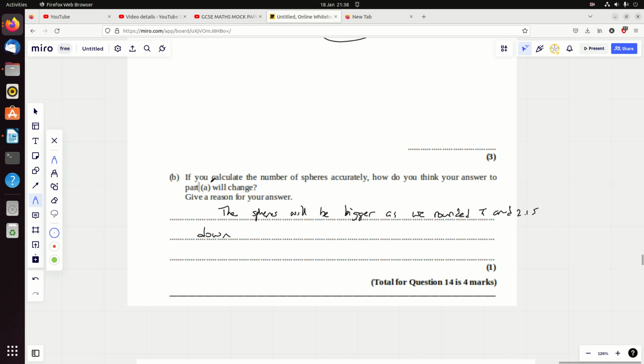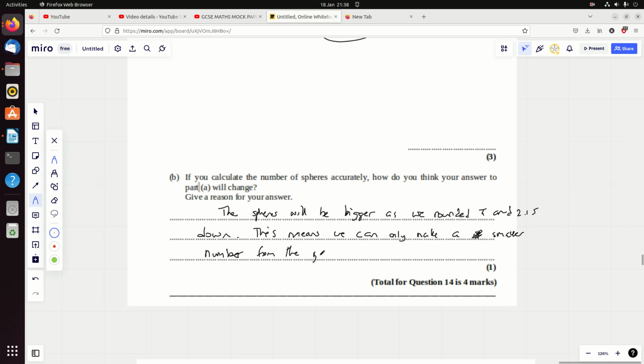And bigger spheres means if you've got just a certain amount of metal, you're going to be able to make a smaller number from the given metal. This means we'll be only making a smaller number. Hope that makes sense.